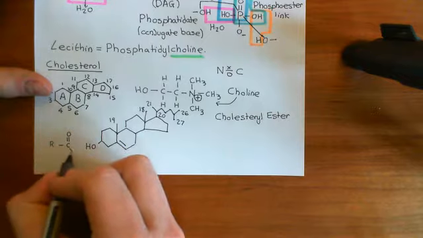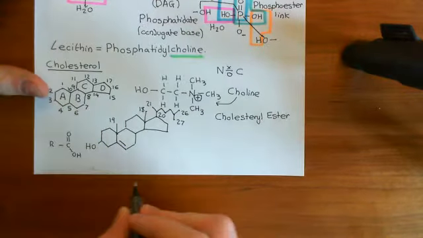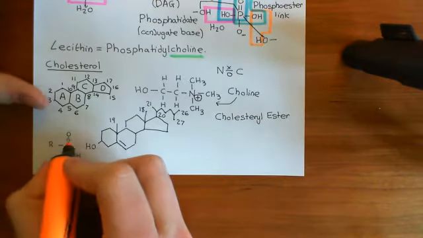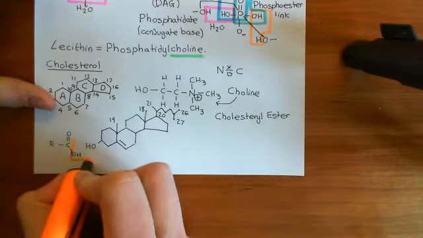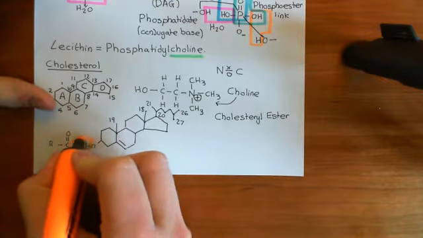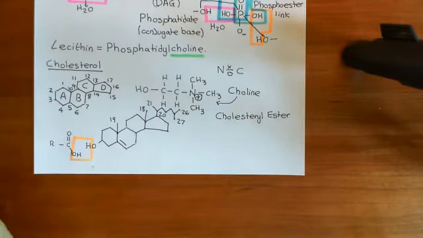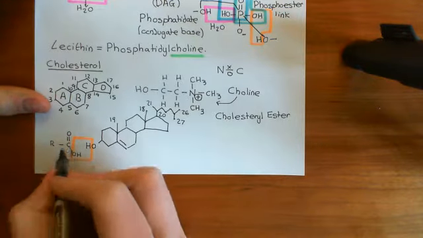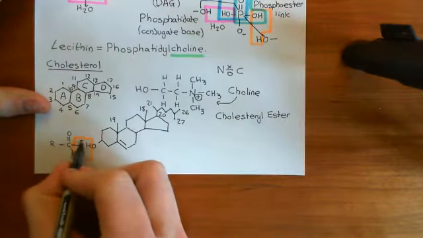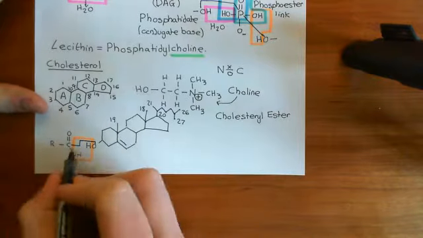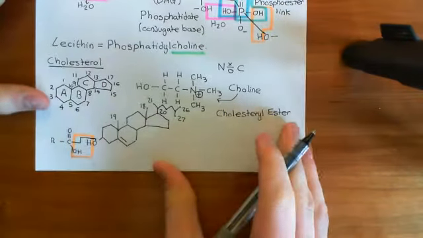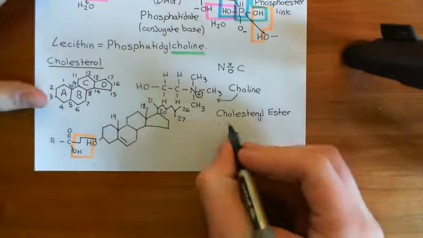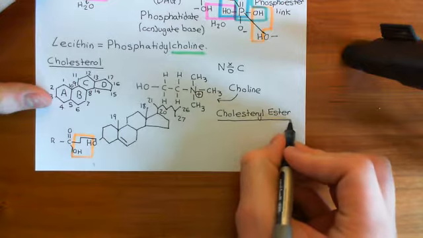So here is our long-chain carboxylic acid, and we're going to esterify this long-chain carboxylic acid onto that alcohol group of the cholesterol molecule, like so. So you'll take the hydrogen off the alcohol group of the cholesterol molecule, you'll take the alcohol group of the long-chain carboxylic acid, you'll then link this carbon of the long-chain carboxylic acid to the oxygen of the alcohol group to create an ester link here, and this is now called a cholesterol ester.